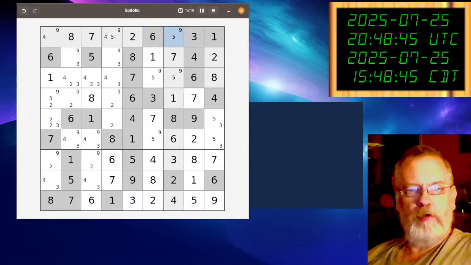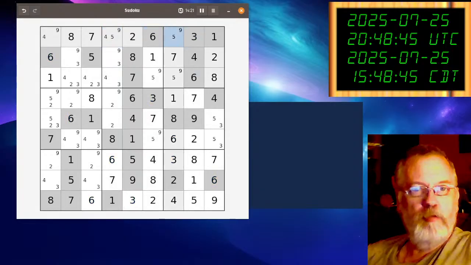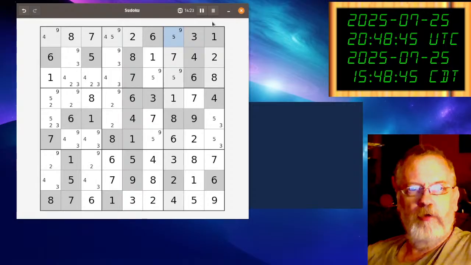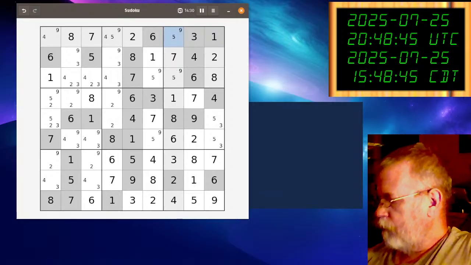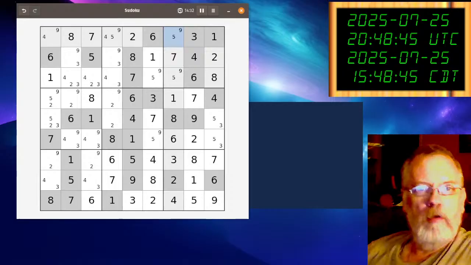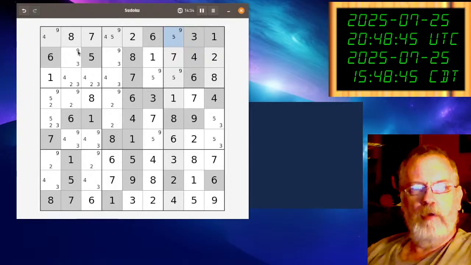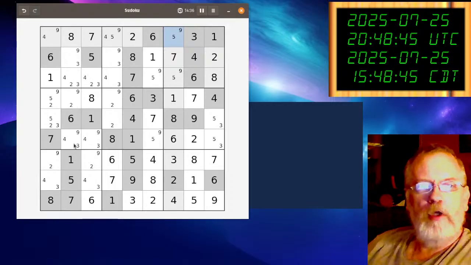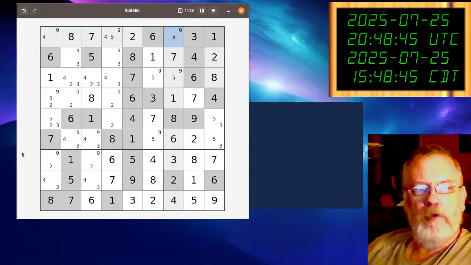All right. Let's start here. I'm going to put my mouse pointer over it. Why don't we start here? That makes some kind of sense. 9, 3 here.